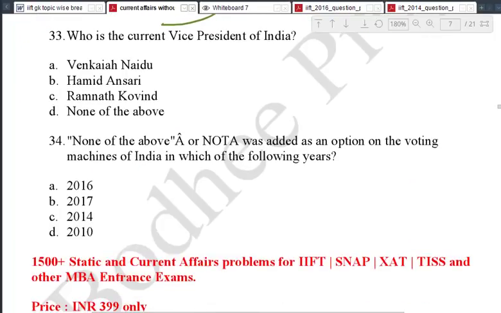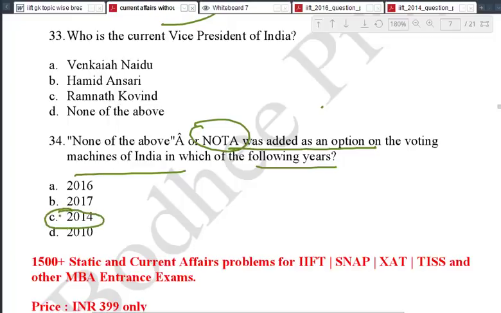Look, this is an interesting question here. None of the above, or NOTA, was added as an option on the voting machines of India in which of the following years? You know that our voting machine has the option none of the above. So if you don't want to vote for anyone, you can simply press NOTA. Which year? 2014. Right. In 2014, we had this NOTA thing.